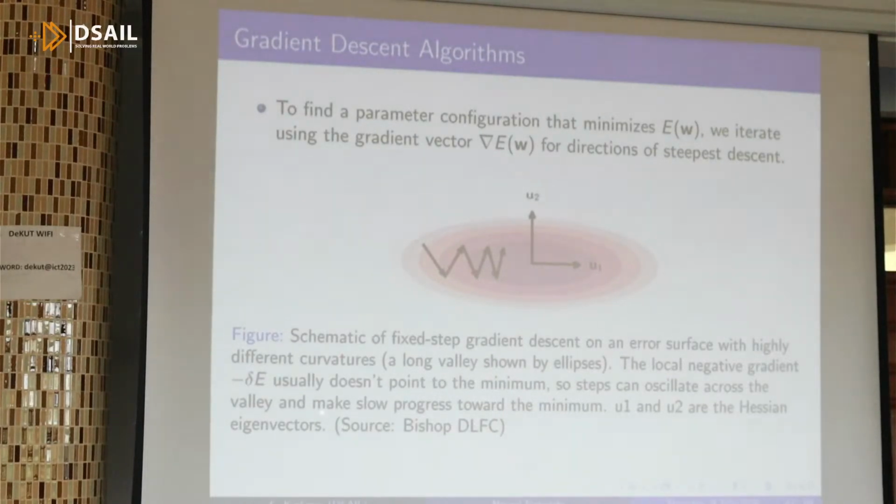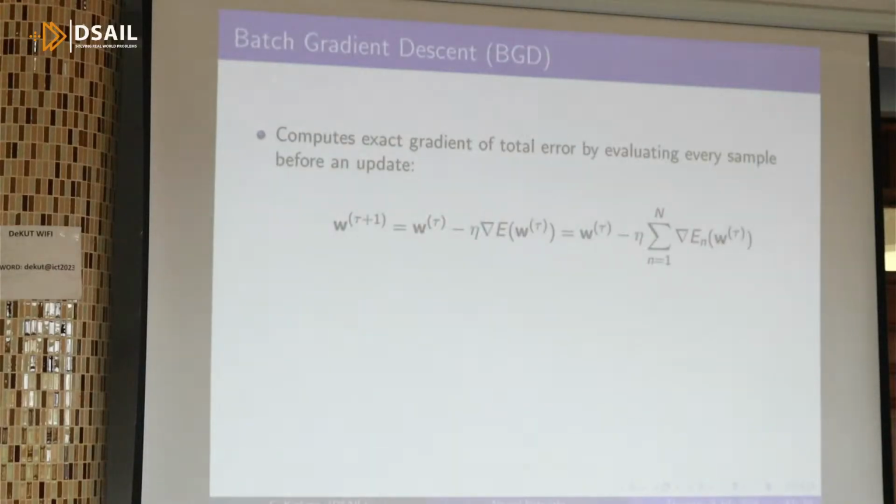The local gradient usually doesn't point to the minimum, so steps can oscillate across the valley while making progress towards the minimum. Yeah, these are your eigenvectors here. So you're going to be jumping up and down the valley because you are looking for the global minimum.